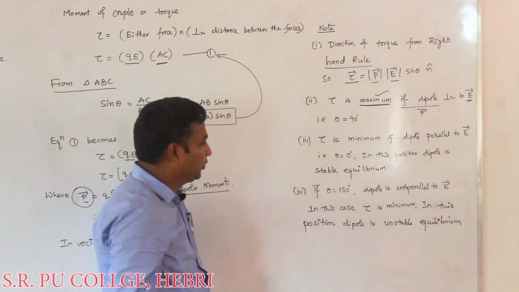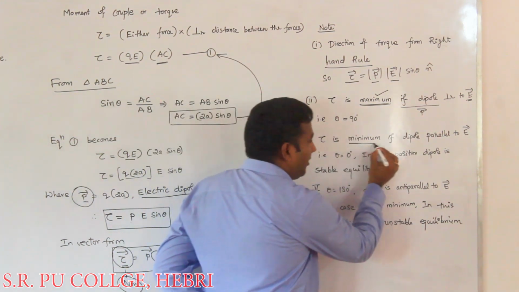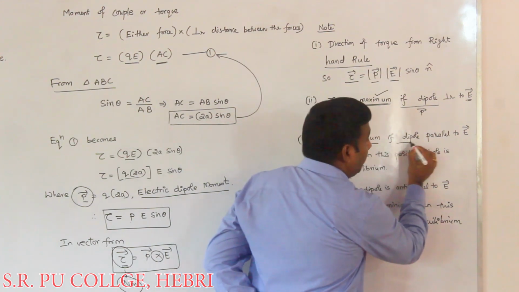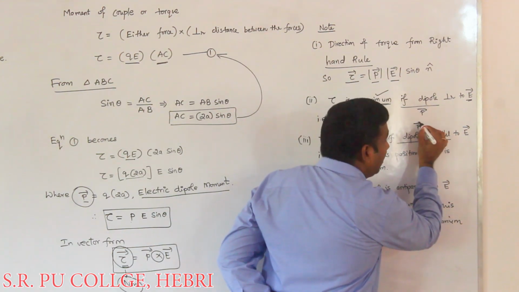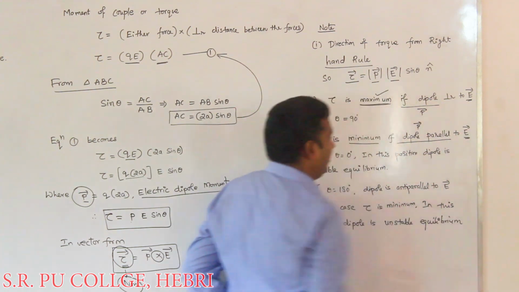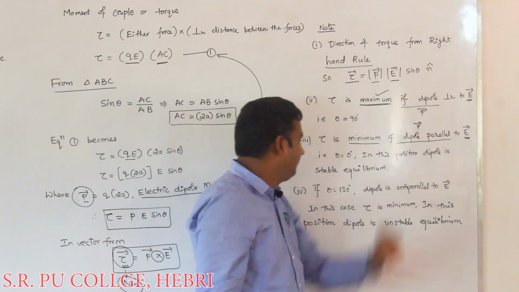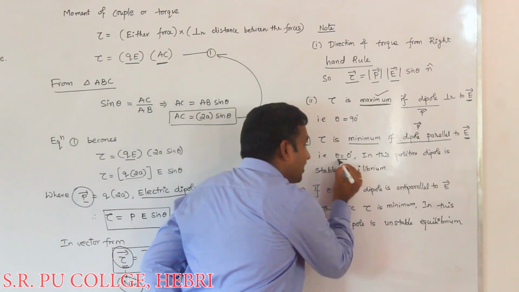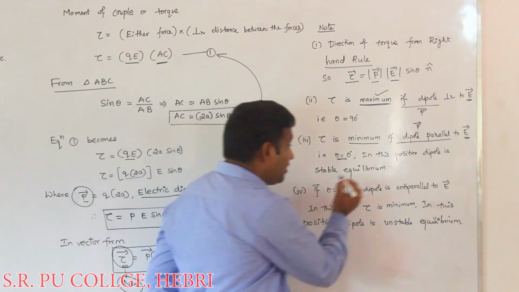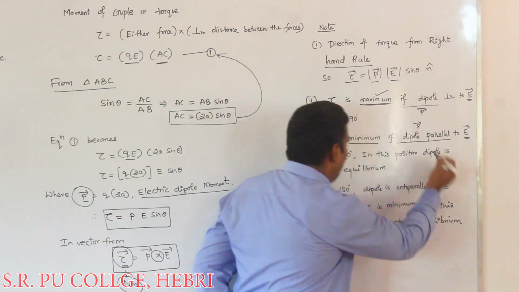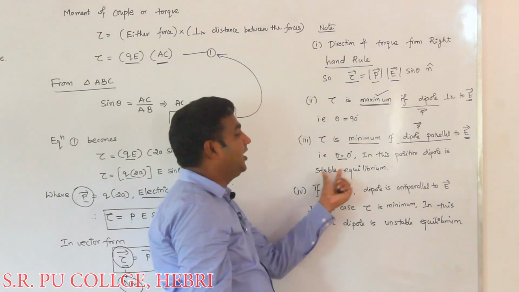The third important note is that torque is minimum if the electric dipole P is parallel to the electric field vector E. That means the angle theta between P vector and E vector is 0 degree. In this position, the electric dipole is in stable equilibrium.